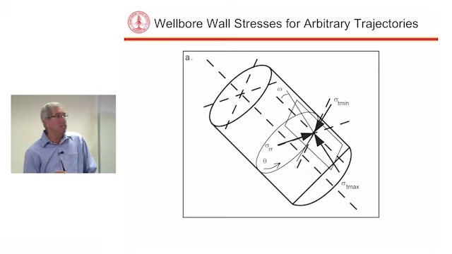But nonetheless, we walk you through it, and we'll show you exactly how to apply these principles. And it turns out that when you're looking at wellbore failures in deviated wells, you actually learn more about the stress field than you do from a vertical well. It's kind of subtle, but we'll illustrate that when we get to Chapter 8.